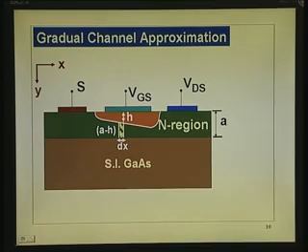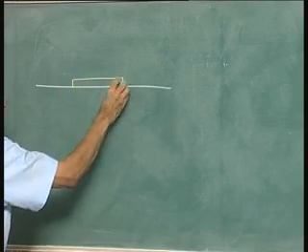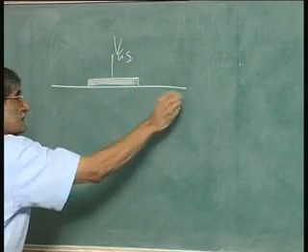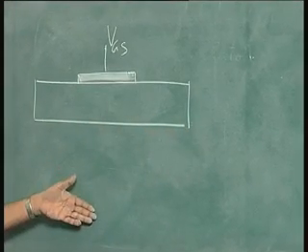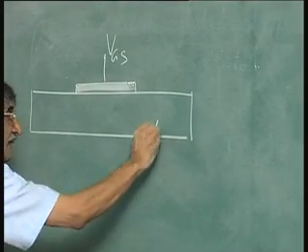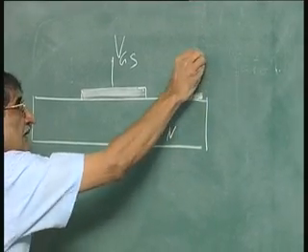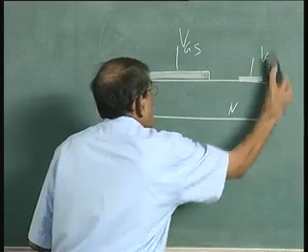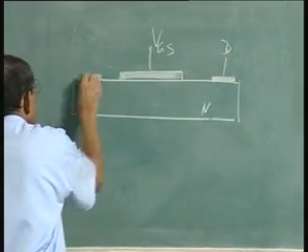Take the case where it is easy to understand the situation, where VGS... I do not even have to show the semi-insulating layer, because it is only this layer which matters. Drain, and this is the source.